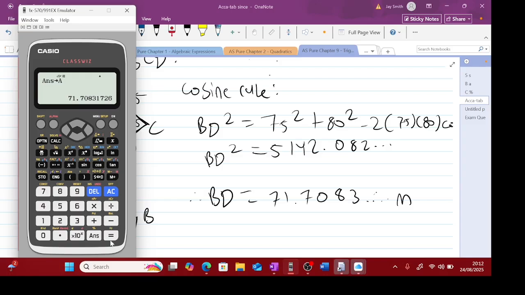Right. So if I get rid of all this, and then want to access that same number, I need to go into alpha mode or red mode, which is here, and then press the button of the letter, right? So that's the button A, which is what I assigned the letter to.